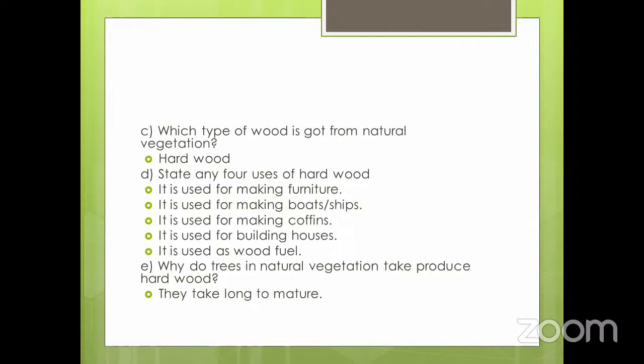Do we know some of the examples of furniture? Because we are saying one of the uses of hardwood is for making furniture. Examples of furniture? Yes, Ruth? Chairs, tables, beds, benches.